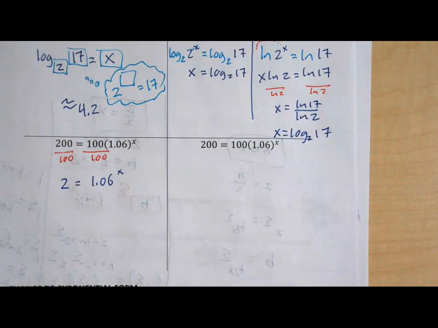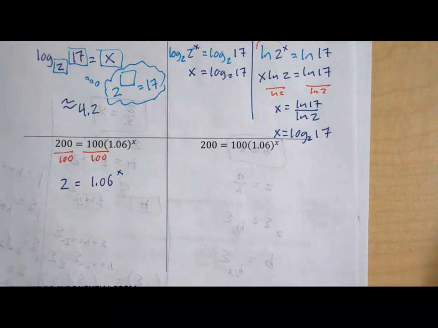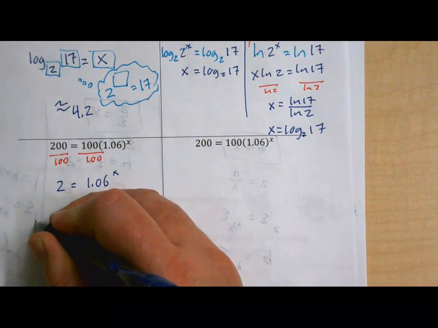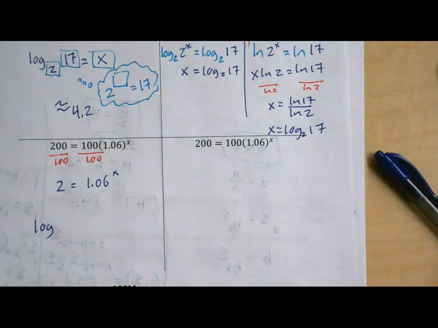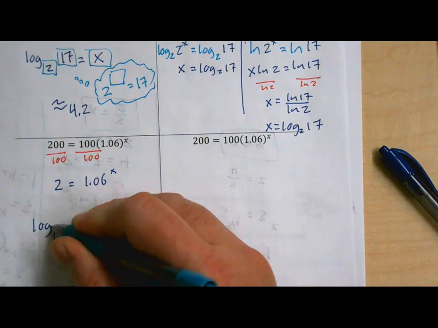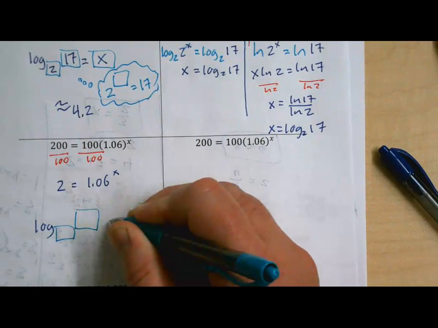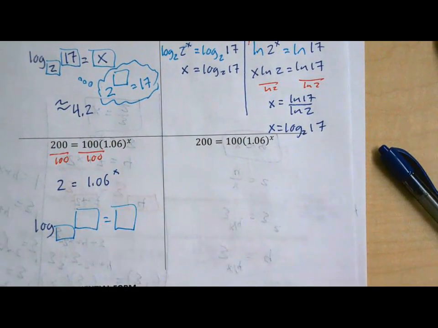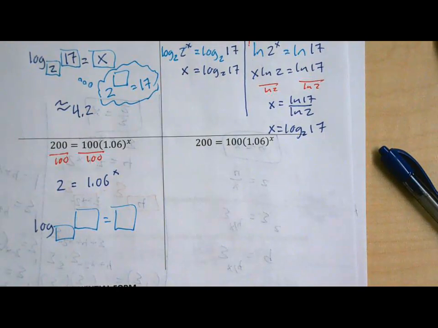So somehow we got to get that x out of the exponent. We got a couple different ways that we could do that. Let's try changing it to a log form. That's an exponential equation. Once again, we are hopefully close to or there already becoming experts with how to take an exponential equation and turn it into a log equation.